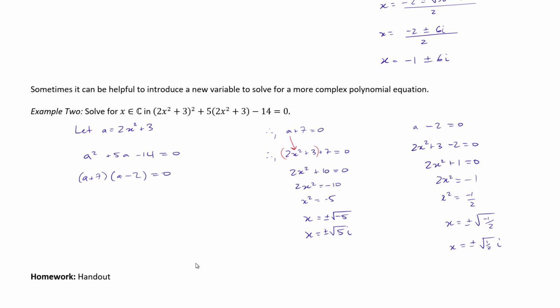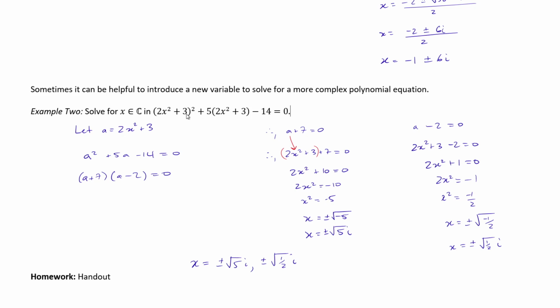So my possible values for x that solve this, and it looks like I only have complex solutions here, are plus or minus square root of 5 i and plus or minus square root of 1/2 i. Now take a look. You have 1, 2, 3, 4 solutions. And look at this.